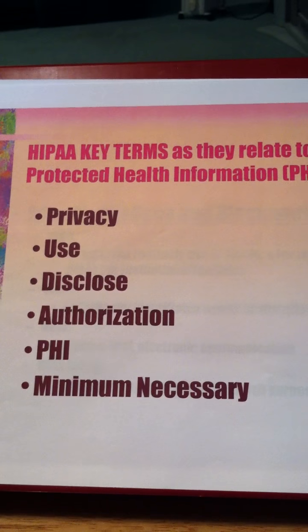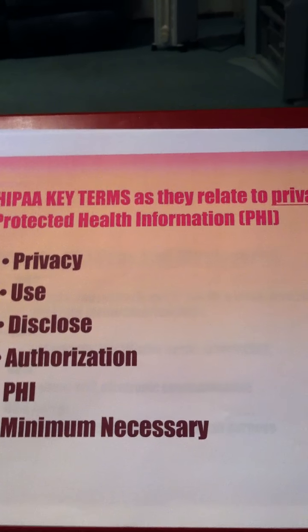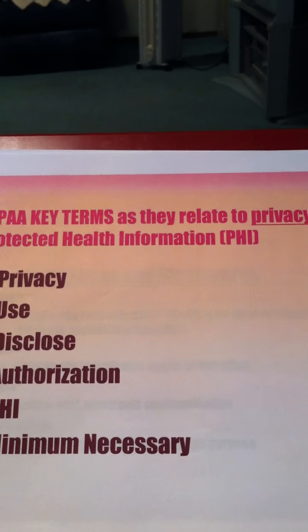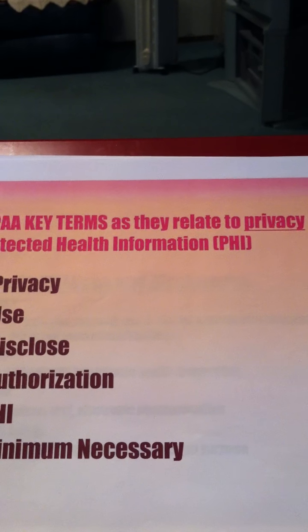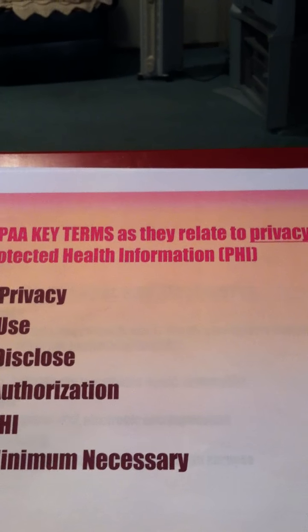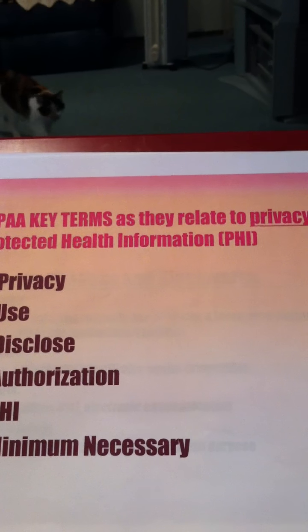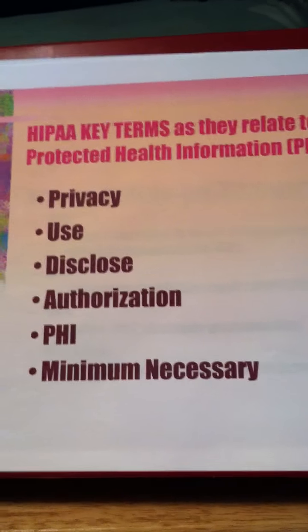Minimum necessary: when using any PHI, a covered entity must generally make reasonable efforts to limit itself to the minimum necessary to accomplish the intended purpose of the use, disclosure, or request for PHI.